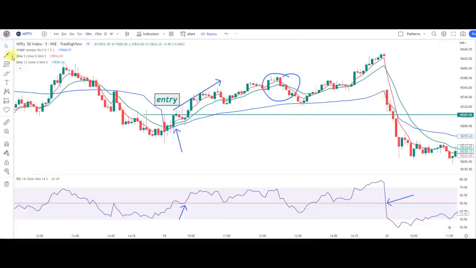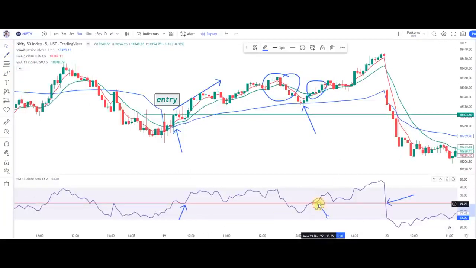Now if you see here, price retraced to VWAP and we got a doji along with a spinning top. This is a doji candle and this is a spinning top candle. These are reversal candlestick patterns, and after that we got a bullish crossover. We got a bullish crossover in EMA and RSI also above 50 here.